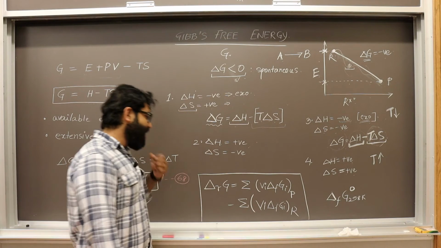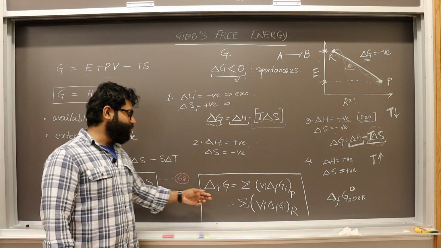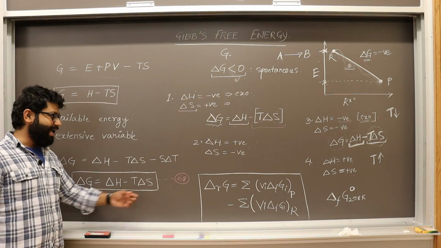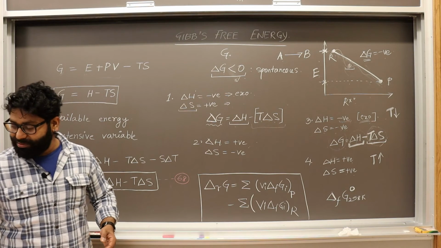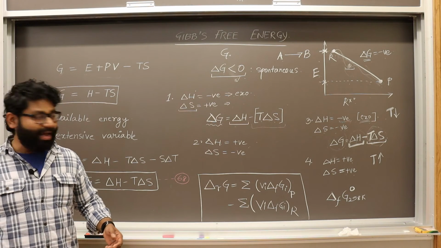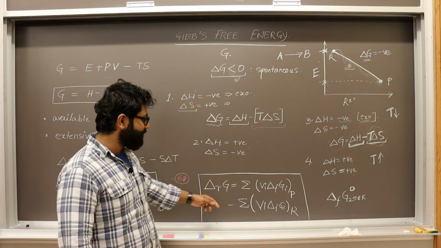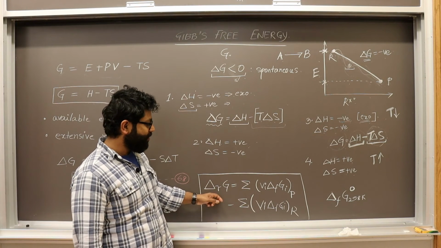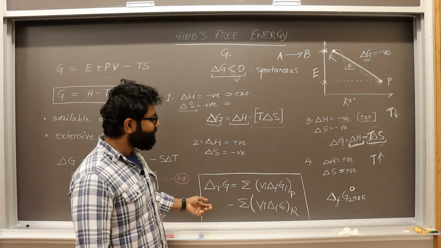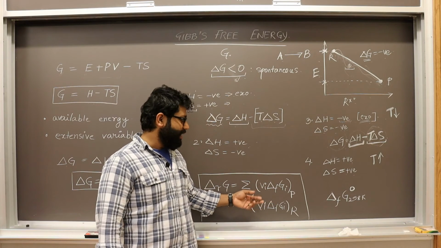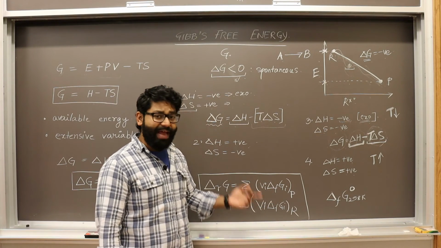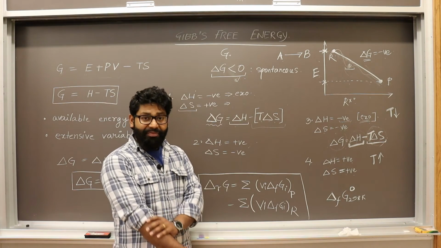Okay. Now, if you do not have the value of delta H and delta S, and you are trying to find out the value of the delta G, what are you going to do? If you're trying to find out the delta G for any reaction, right, what you do is a similar process to what we did for the enthalpy, right?